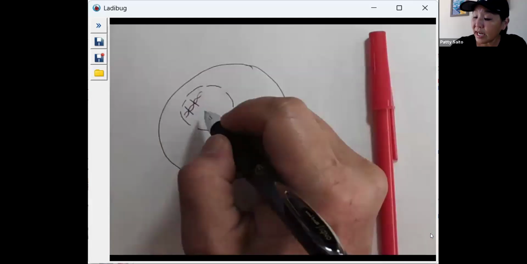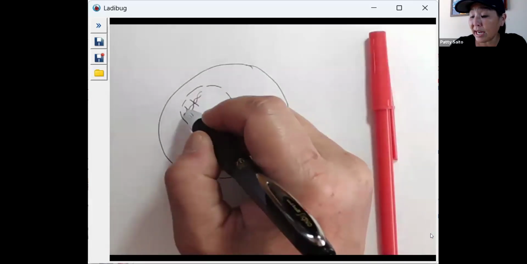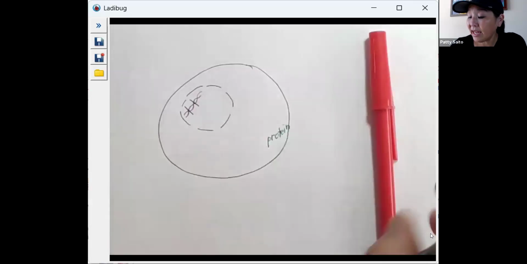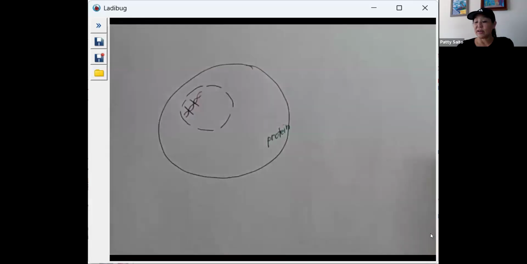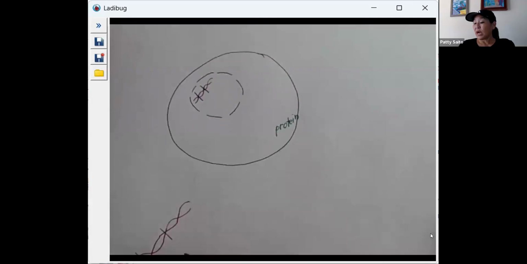So transcription is this double-stranded piece of DNA is made into an RNA, or we make a copy, an RNA copy from that DNA. So what that looks like is, here's our DNA, and let's say the gene we want is right here. So what happens is this DNA actually will unwind at that spot.